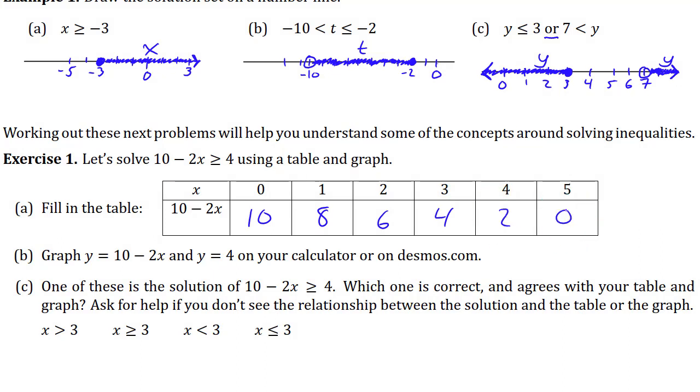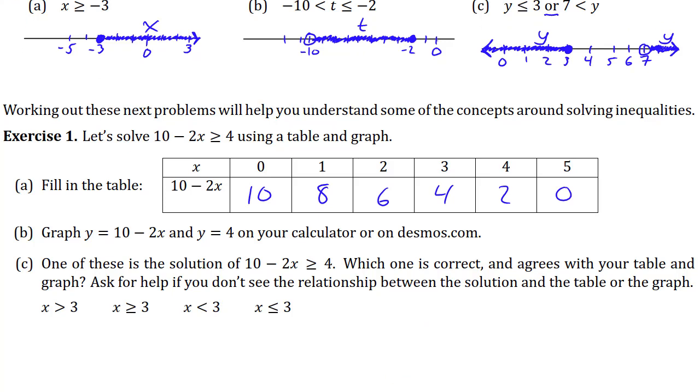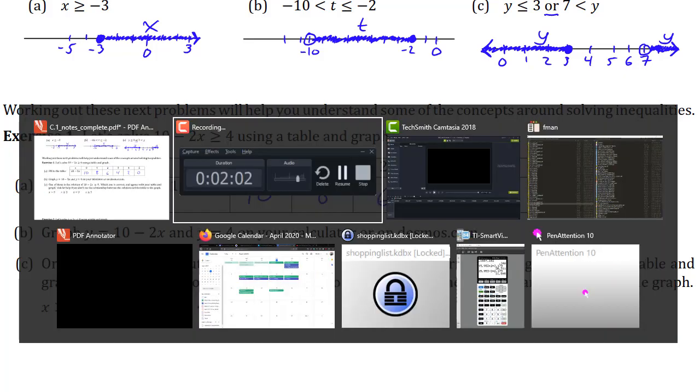Now, I also want to graph y equals 10 minus 2x and y equals 4 on your calculator or on Desmos.com. I'm going to go over how to do it on Desmos because it's a little bit easier to see when you are watching a video like this.